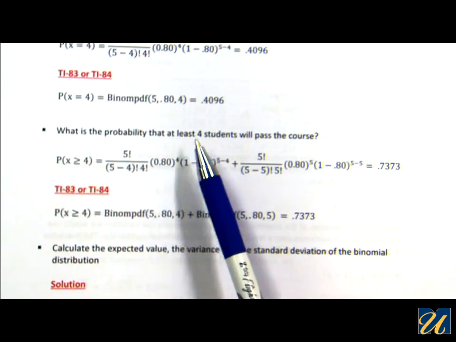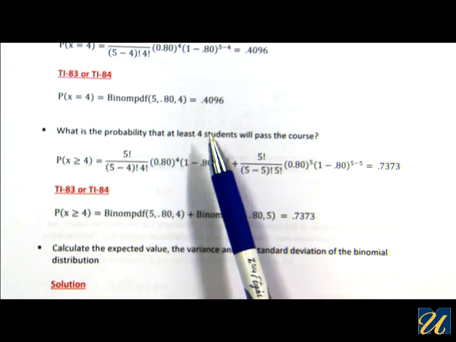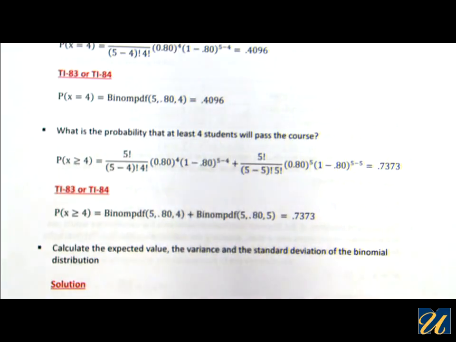Greater than or equal to 4 means the probability of x equal to 4, plus the probability of x equal to 5, and you stop there. Why do we stop there? Because you can only go up to the sample size, which is 5.